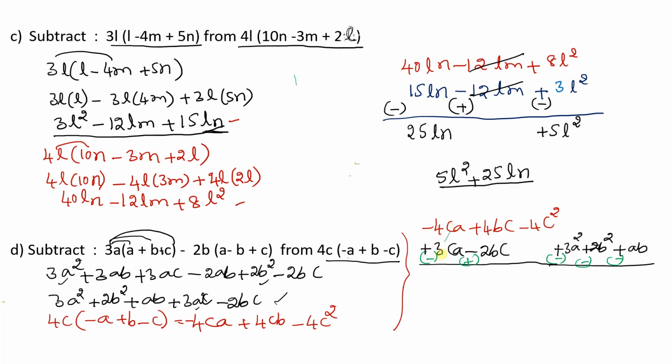Now minus 4ca minus 3ca is minus 7ca. Okay, 7ca or ac, it is one and the same.